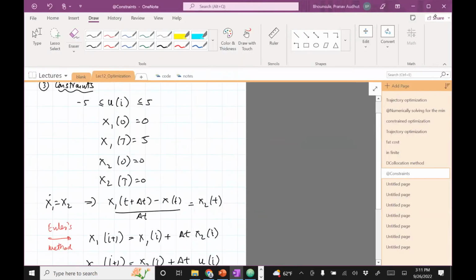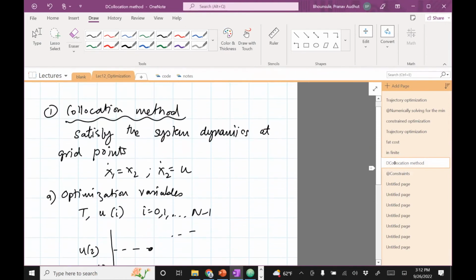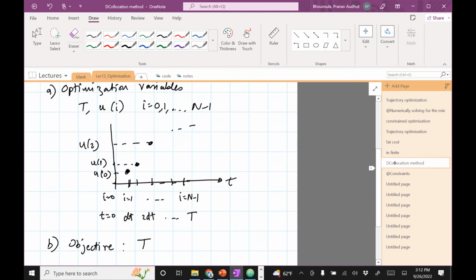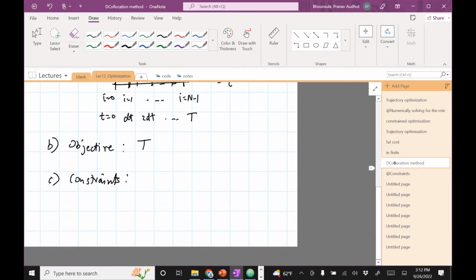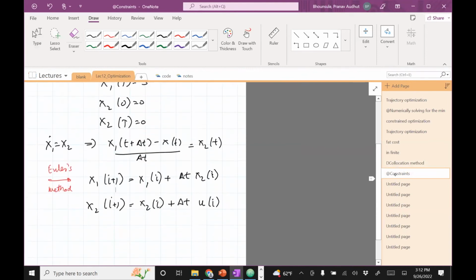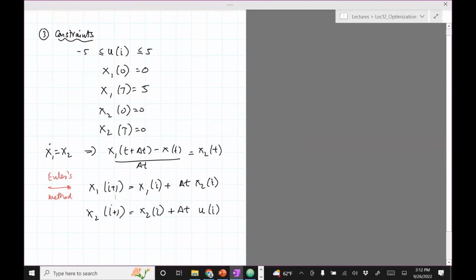Okay, so now let's do some counting. Let's count the number of different things, right? So let's count everything here. So this is n number of equations or constraints, because you have n grid points.